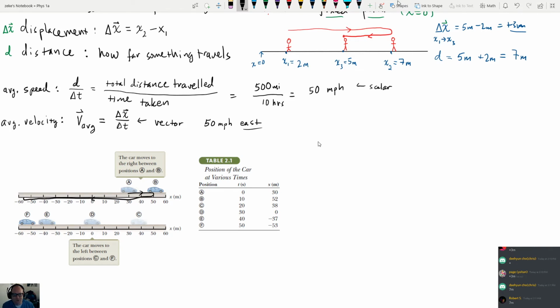So what we want to do first is we want to find from A to B, we want to calculate the average speed and we also want to calculate the average velocity.